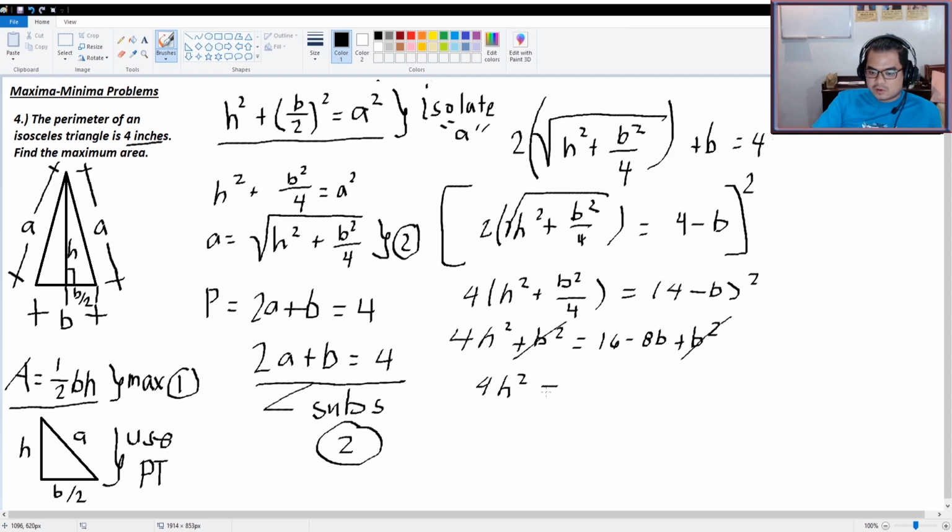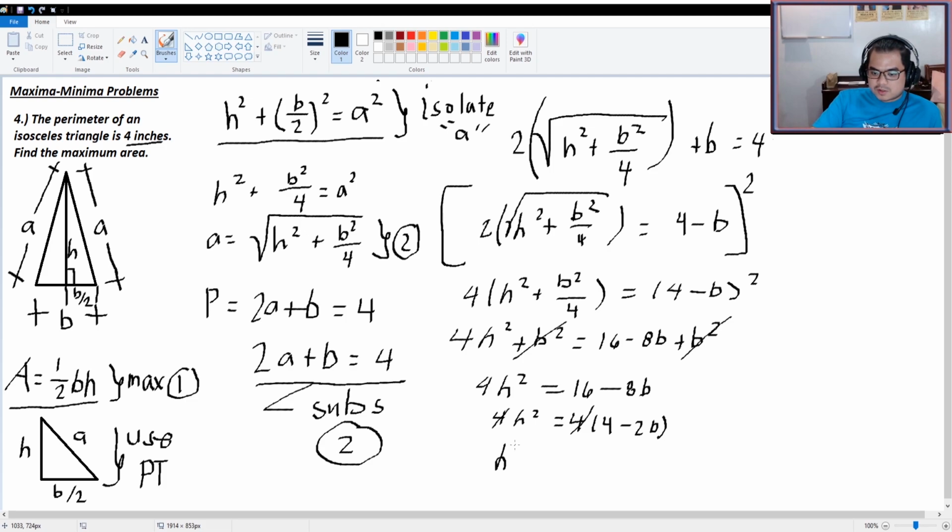So 4H squared equal to 16 minus 8B. I think I can factor out 4, right? So factoring out 4, you'll have 4H squared equal to 4 times 4 minus 2B. Sorry, that's 2B. So cancel 4, cancel 4.